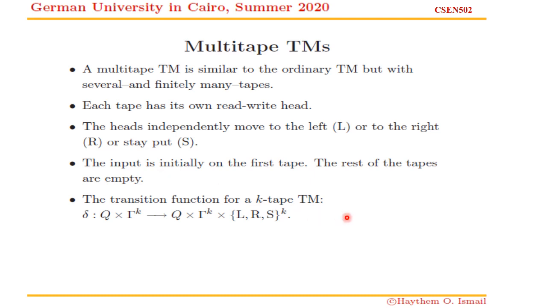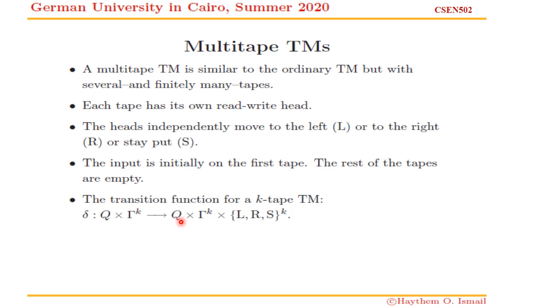Now, the only thing that we need to do in order to change the formal definition of the standard Turing machine to a K-tape Turing machine is to just do this. Delta takes K plus 1 inputs: the current state, and then K tape symbols. These are the symbols that are read by each of the heads on each of the K tapes.